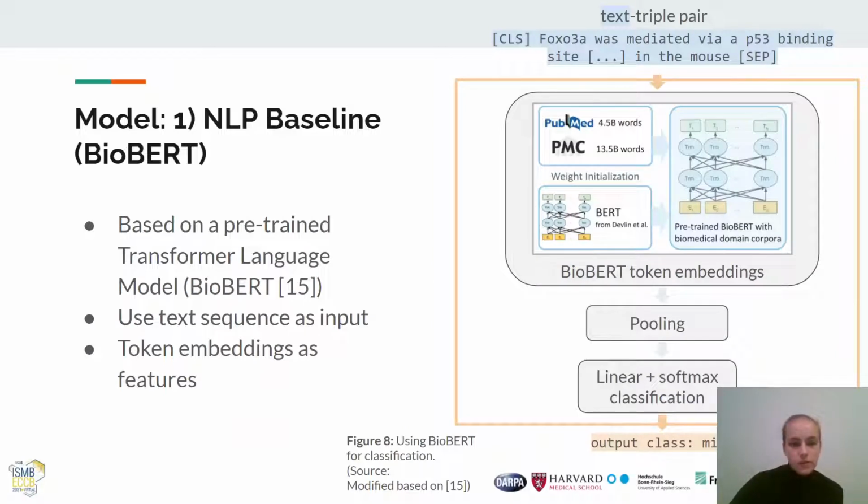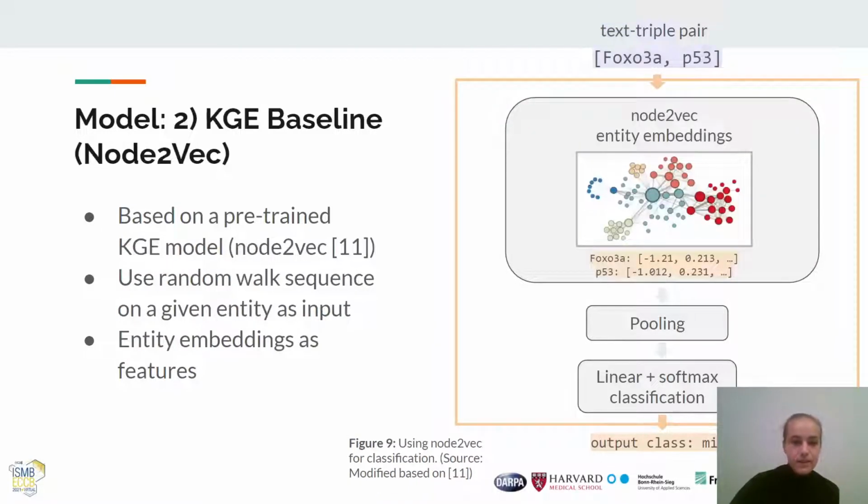Moving on to the models, the first model, the NLP baseline, is pretty straightforward. We take the text evidence from the text triple pairs from INDRA and use that as a basis for classifying different contexts later on. The second model is the knowledge graph baseline.